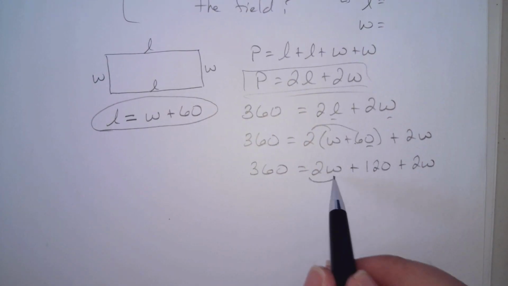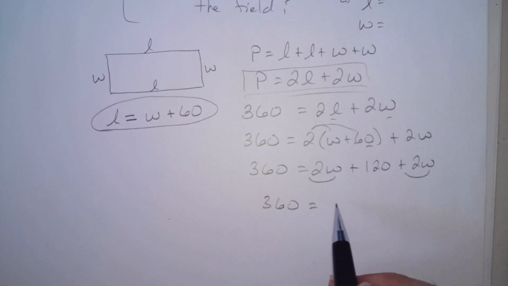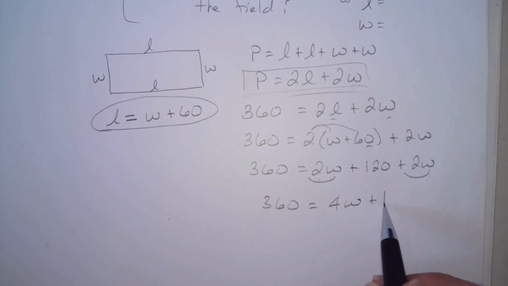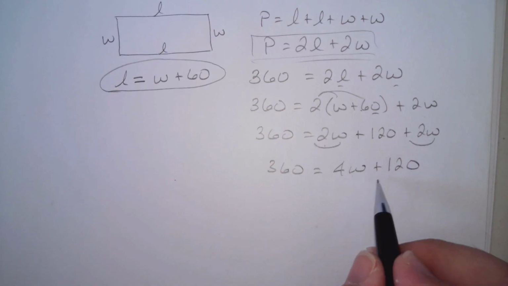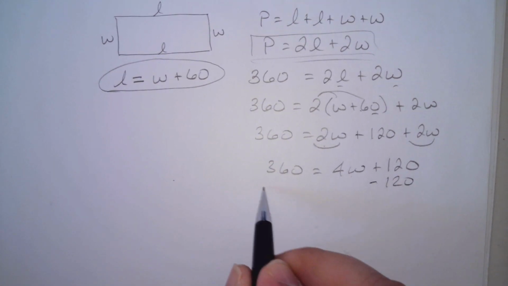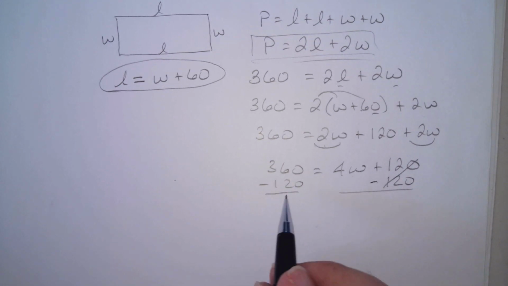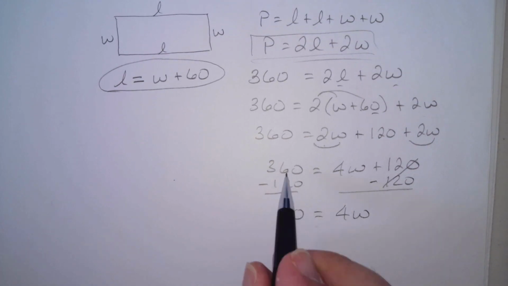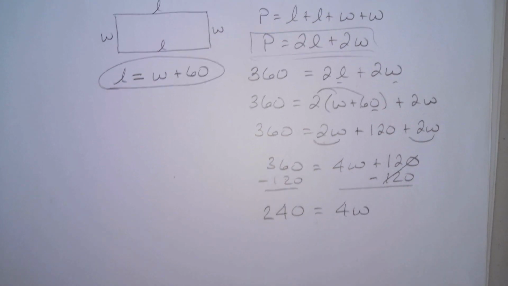Get rid of parentheses, so combine like terms. 360, 2W is 4W, plus 120. We're solving for W, so we have to get rid of the 120. Those cancel. Zero minus 0 is 0. 6 minus 2 is 4. 3 minus 1 is 2.